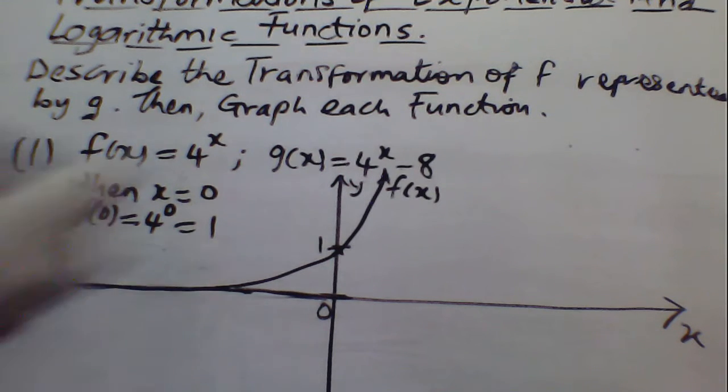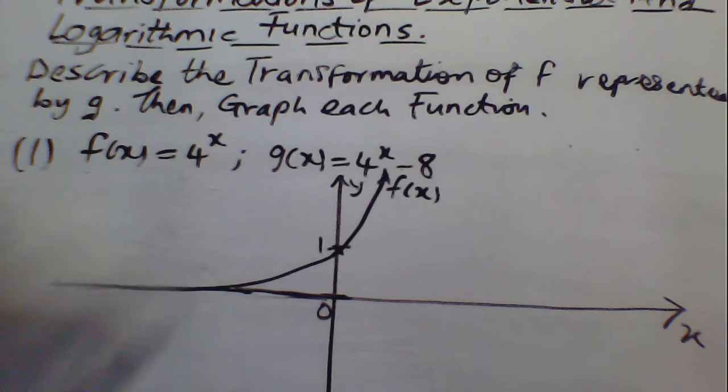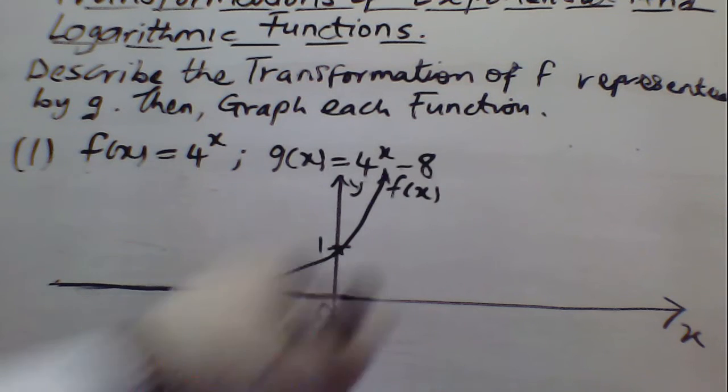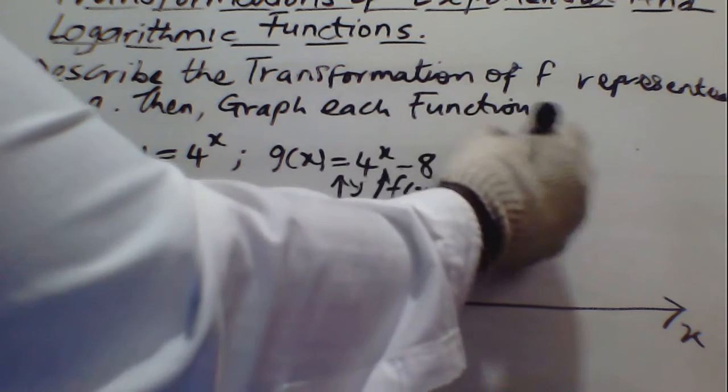So having gotten the point for f of x, the next is to find points for g of x that will enable us to plot the graph. I hope you are following.